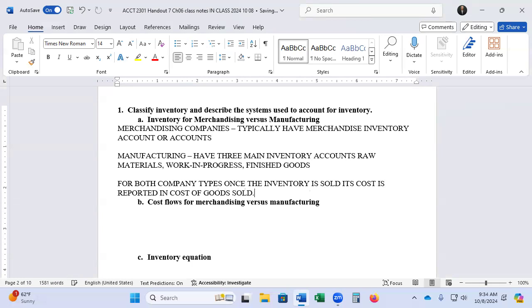And then when inventory is sold, it gets reported in cost of goods sold.